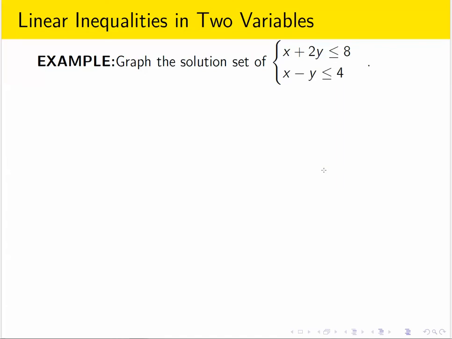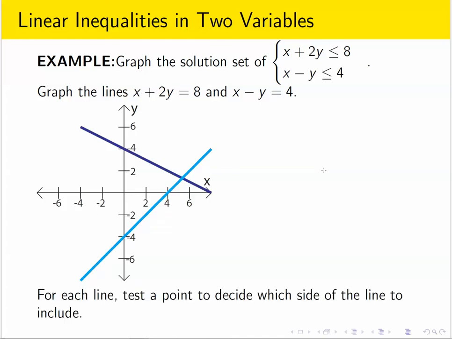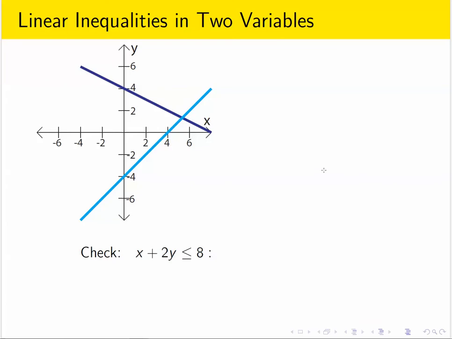Let's look at another example. Again, we have two inequalities. I'm going to graph the lines that correspond to the boundary of the regions that satisfy those inequalities. And then I'm going to test a simple point and shade the common region satisfying both inequalities. So we start with x plus 2y is less than or equal to 8.